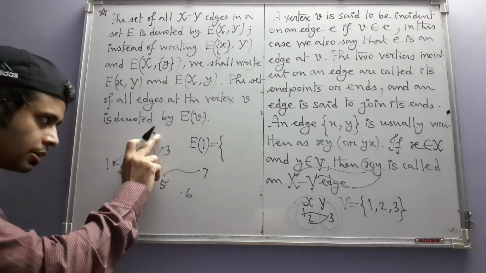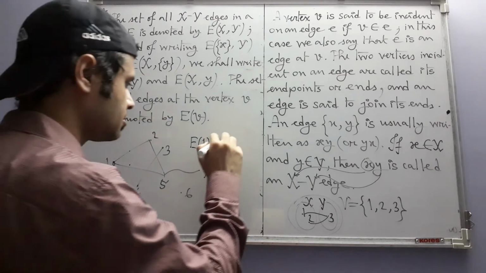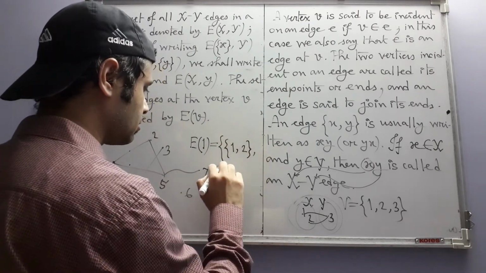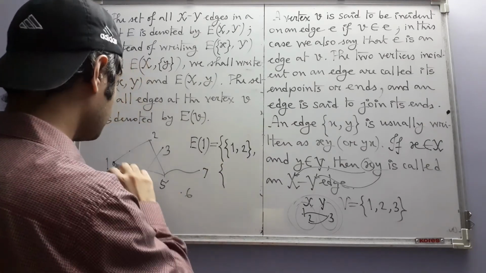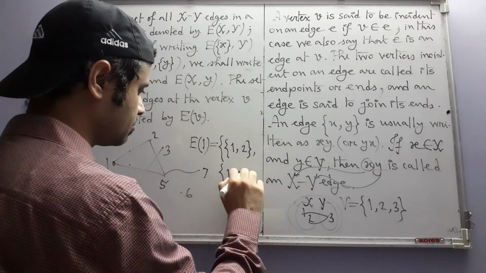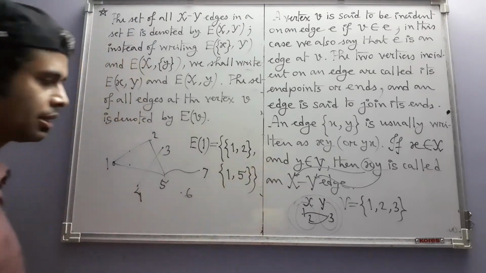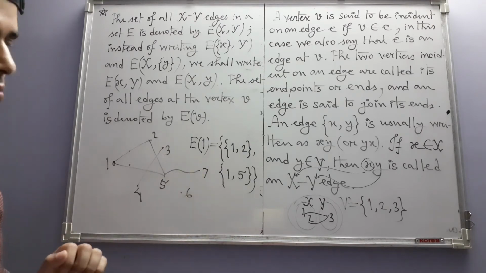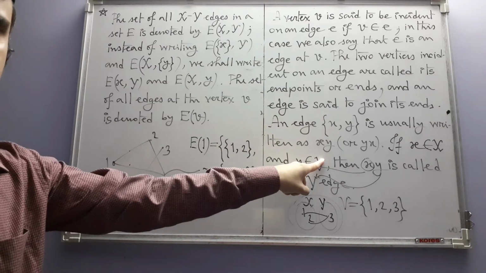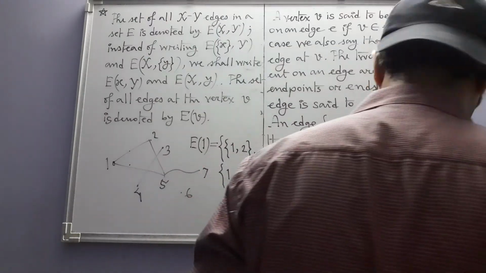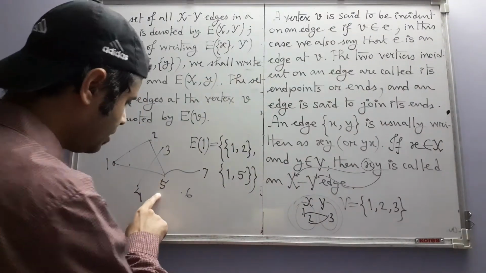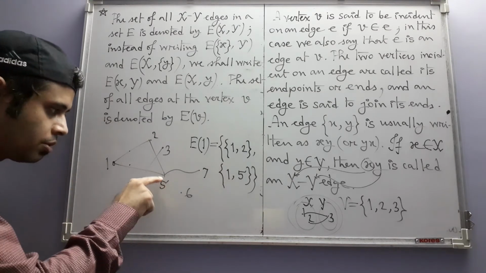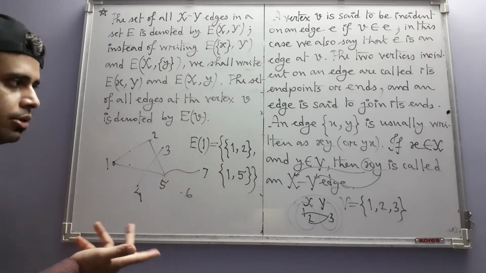That means this is {1, 2} and {1, 5}. If you want, you can also write 12 and 15. In the context of this graph, they will be meaningful because of this simplification. Like that, E(5) will have 3 edges, 15, 25 and 57. So you get the idea.